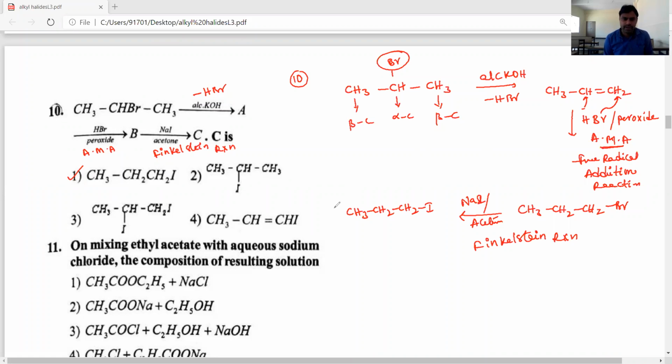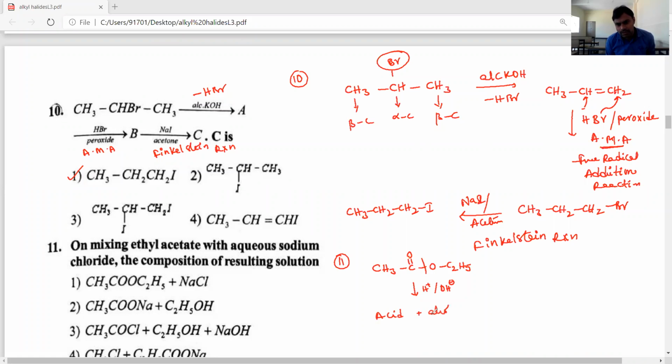So conversions are very, very important. Now let's see the 11th question, on a mixture of ethyl acetate in aqueous sodium chloride. Write ethyl acetate: CH3 C double bond O bond C2H5. This ethyl acetate, in either acidic or basic medium, can be hydrolyzed to give acid and alcohol.